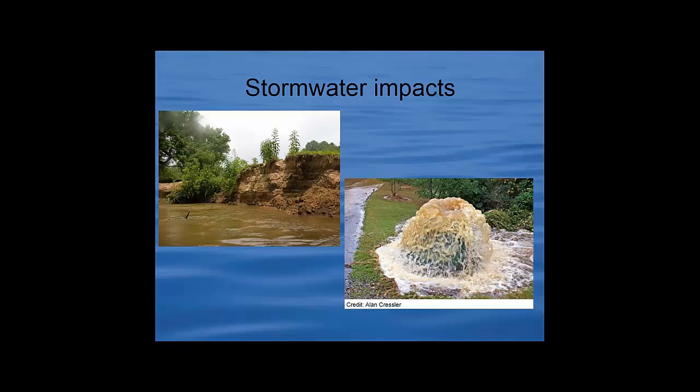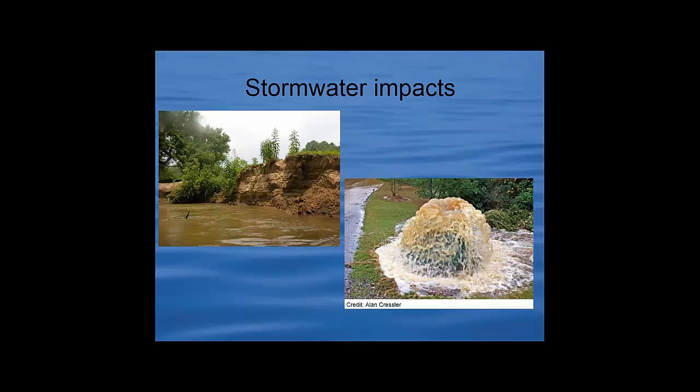Some of the impacts we've seen from stormwater include eroding stream banks, mass wasting where tons of sediment is input to our streams and rivers, ruining the habitat for some of those very large trout. Also, right down here on the right-hand side, that's not an amenity fountain in a subdivision.